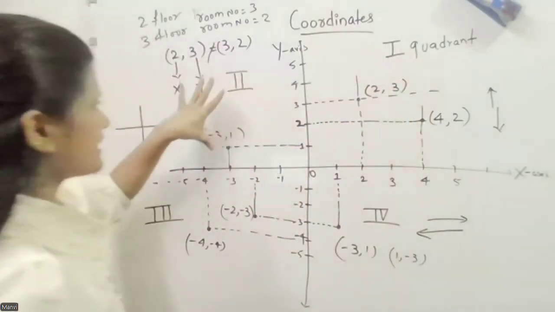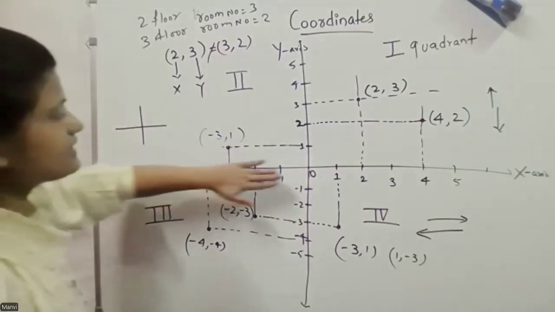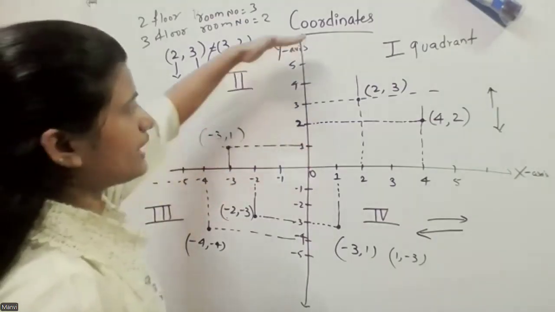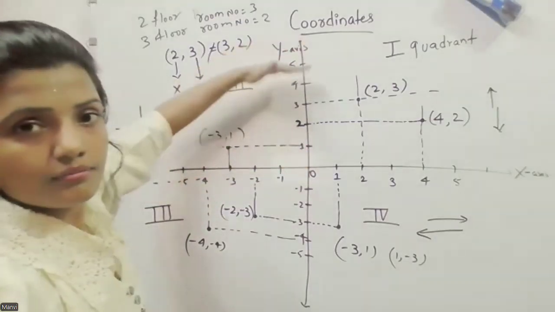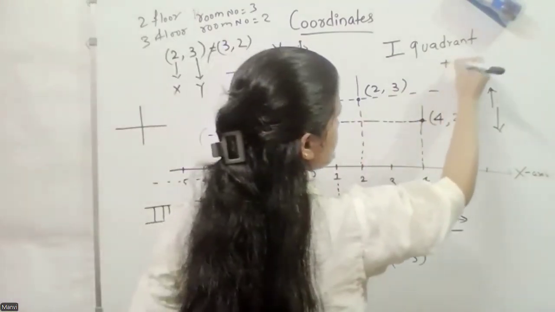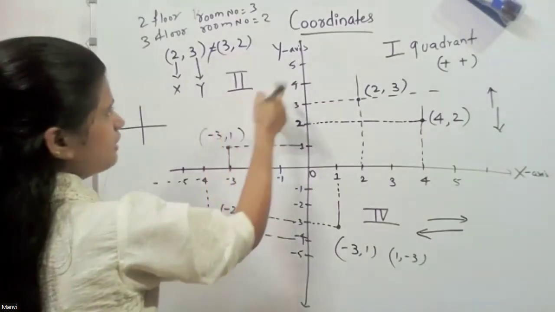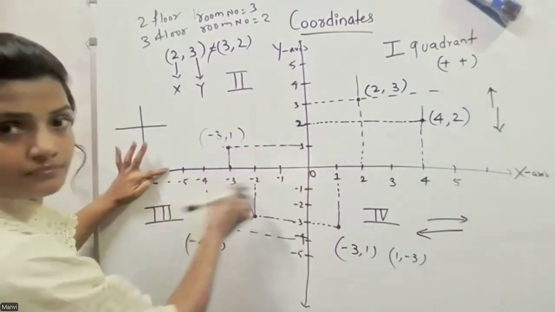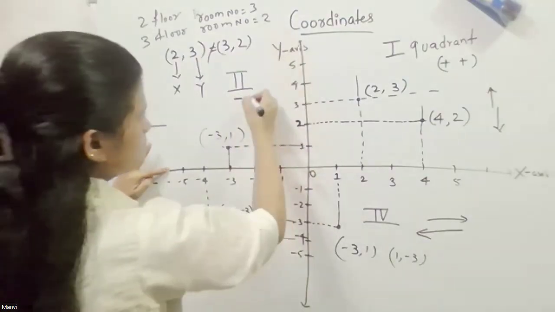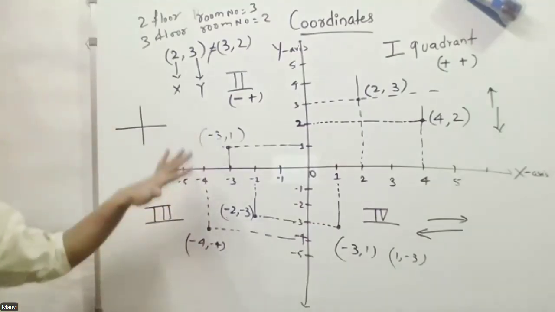If we move to the second quadrant, we can see all values of x are always negative, and the value of y, positive, right? For this quadrant, the value of x is negative and y is positive. Good. And what about third?